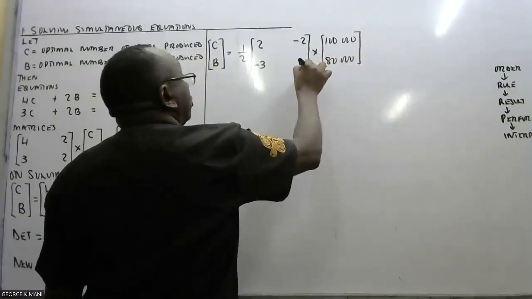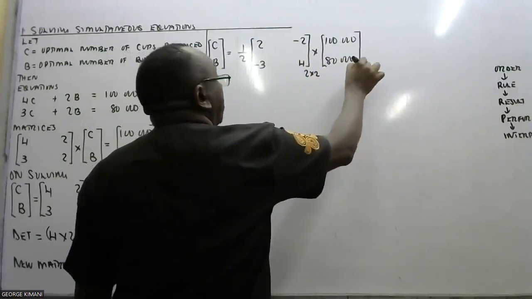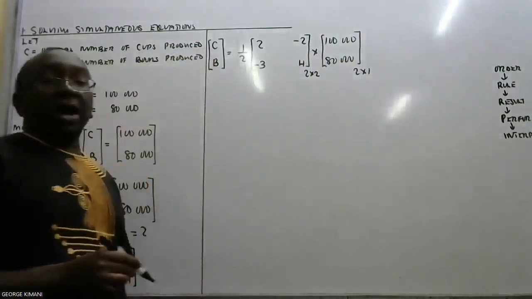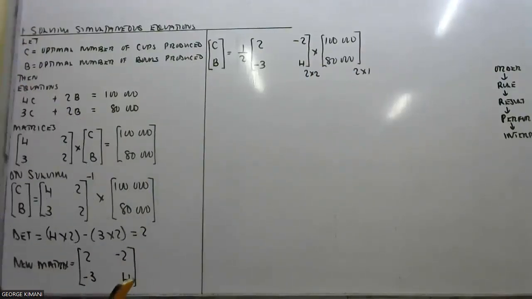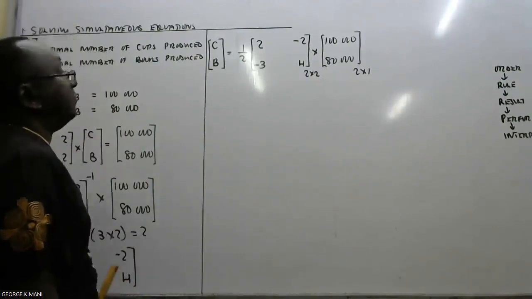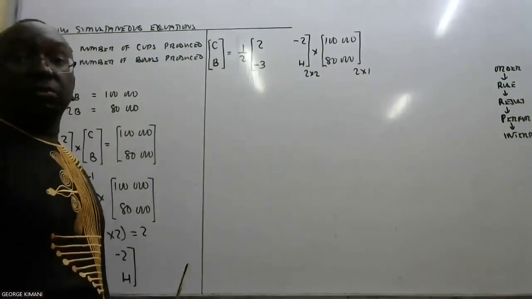Now remember, this is a 2 by 2, and this is a 2 by 1 matrix. So with that, we are going to have a matrix that is 2 by 1.